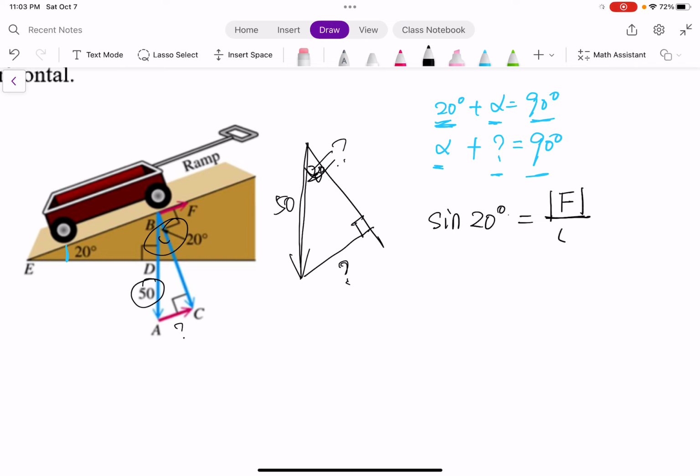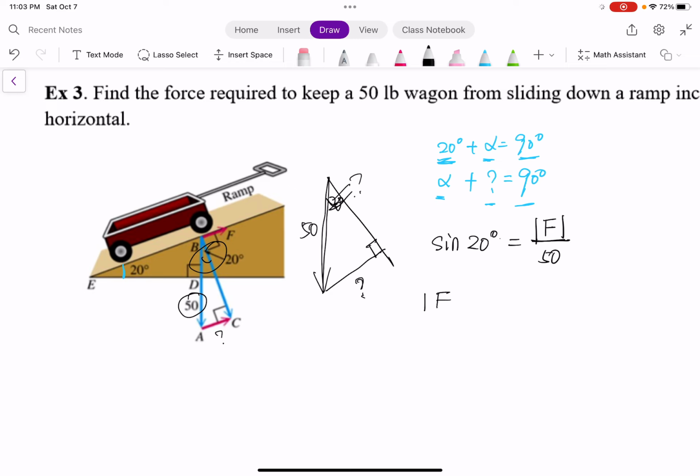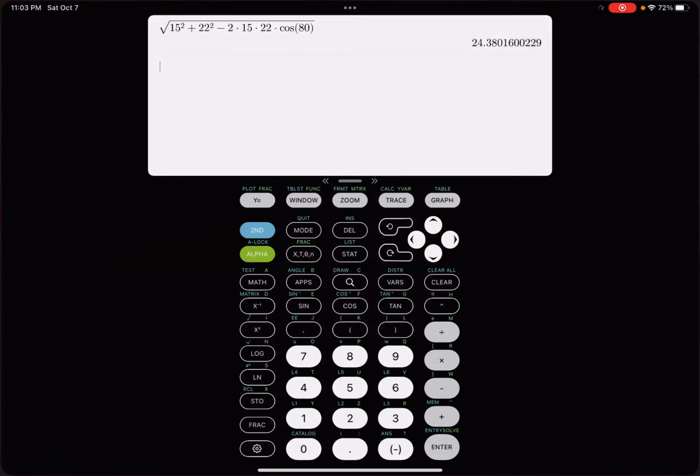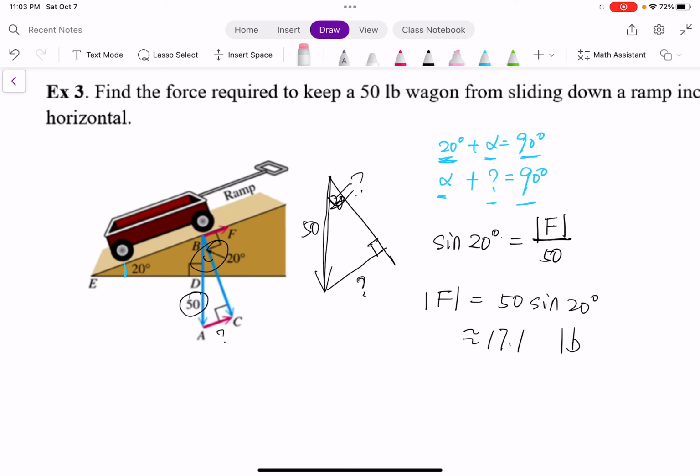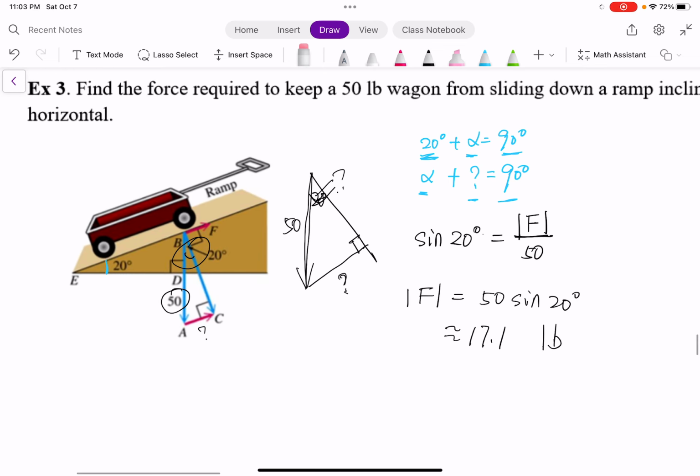Multiplying by 50 on both sides, F equals 50 times sine 20. Using the calculator, it's about 17.1 if I keep one decimal place. The unit is pounds. All right, this is an interesting question.